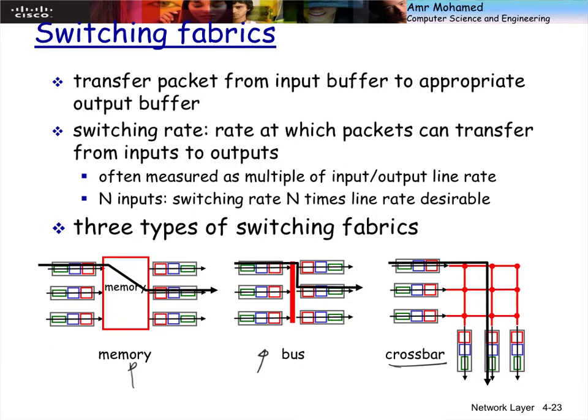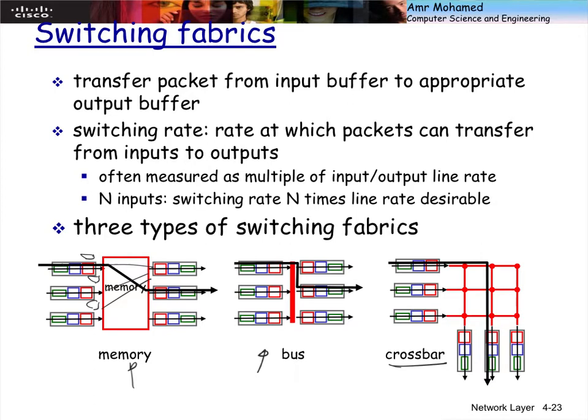So, of course, here the switching speed has to be very fast, and sometimes much faster than even the line speed. Why is this? As we will see. Because sometimes you have packets at different ports that all need to go to the same output port.